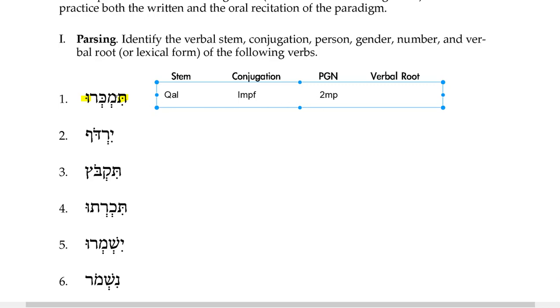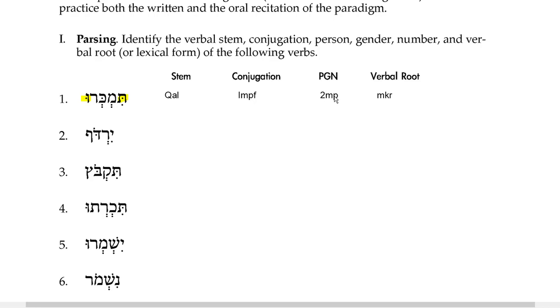And the verbal root here is mem, kaf, resh. And we can write that as MKR, makar, if we don't have the ability to write Hebrew. So, and that works fine. Makar means he sold, to sell. So this would be second masculine plural.